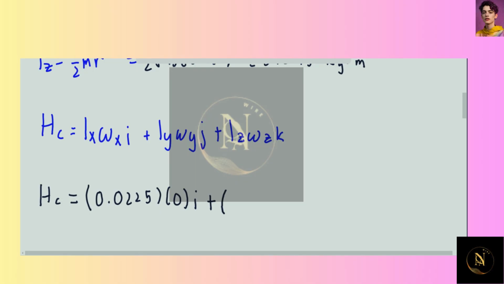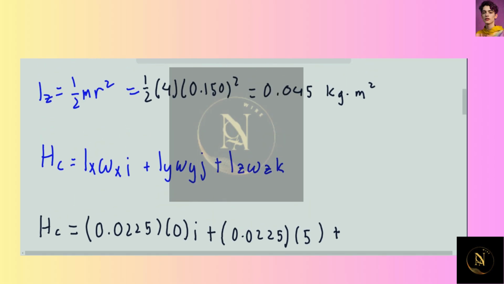I of y is 0.0225, and omega y is 5. And I of z we calculated to be 0.045, and omega z is 15.